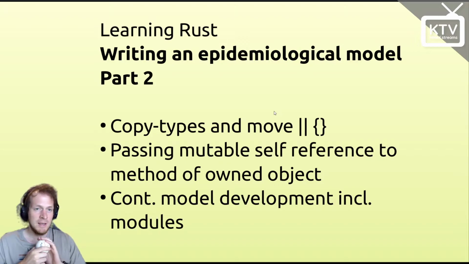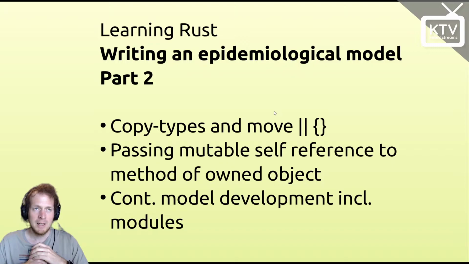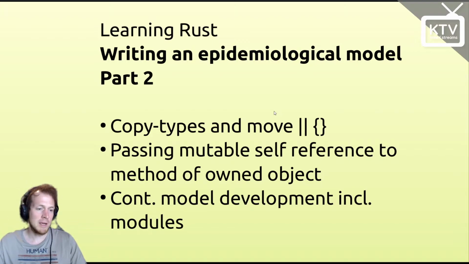So this is the second stream in my little series sharing my troubles, where I'm looking at learning how to program Rust and understanding the complexities and particularities of this language. The goal of the first part of this series is to write a simple epidemiological model.